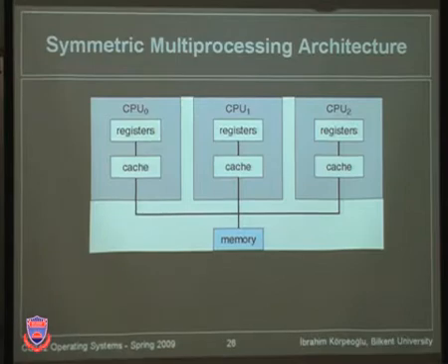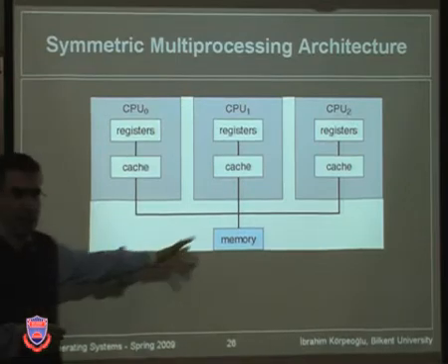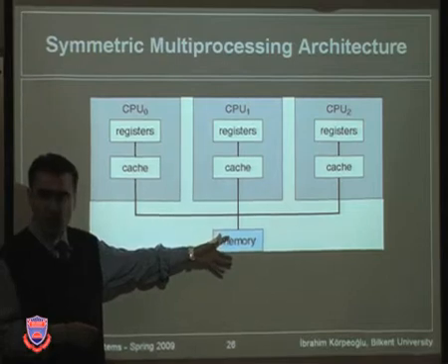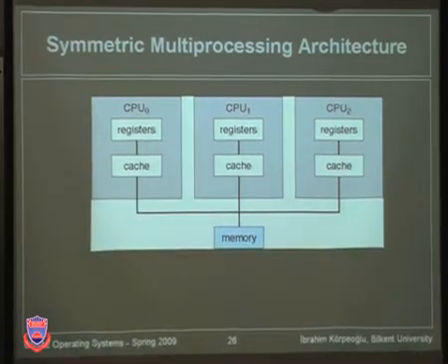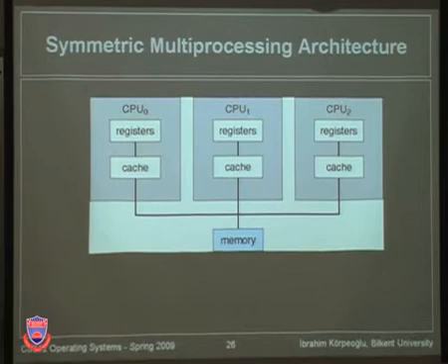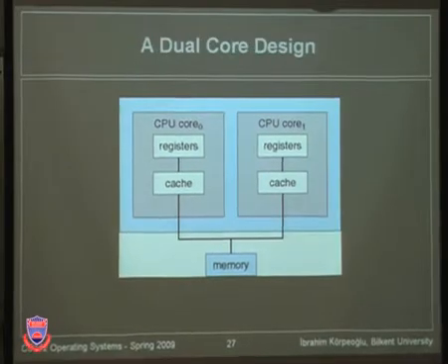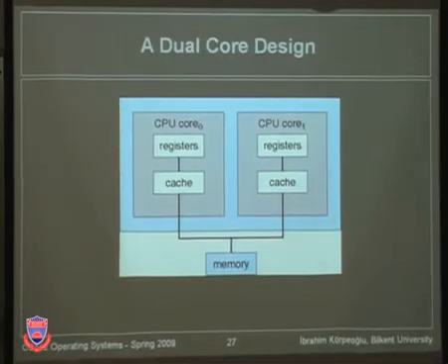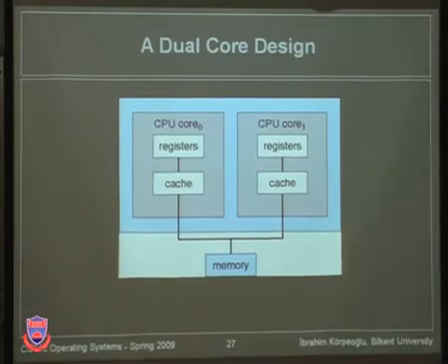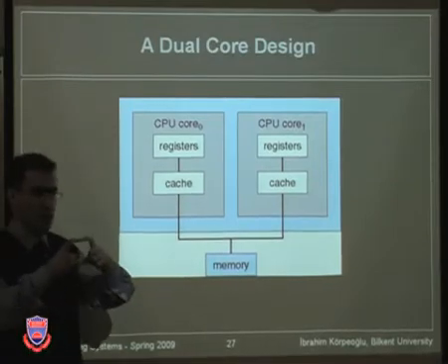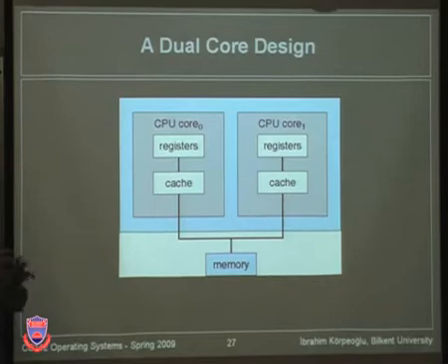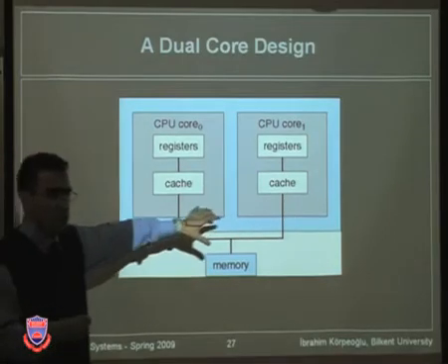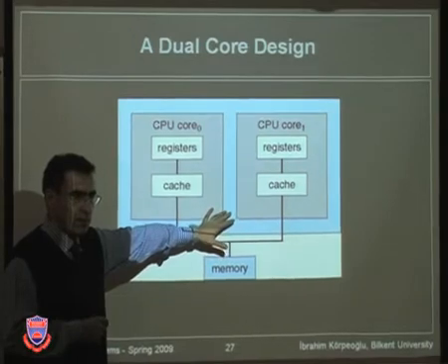They have several CPUs that are sharing the same main memory. The main memory is shared. Each CPU is sharing the same memory. So in a dual core design, which is common nowadays, we have a single physical chip, which you can see if you open your computer. In that chip, you will have multiple CPUs implemented in the hardware.